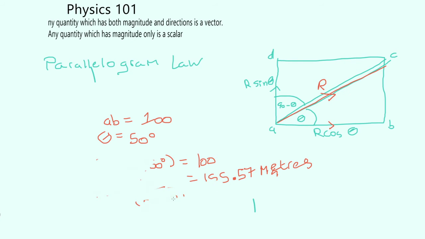Now let's say we wanted to calculate the resultant from a vertical value, going upwards. So let's say we had AD here on our diagram. We'll have to switch to our brush tool again.